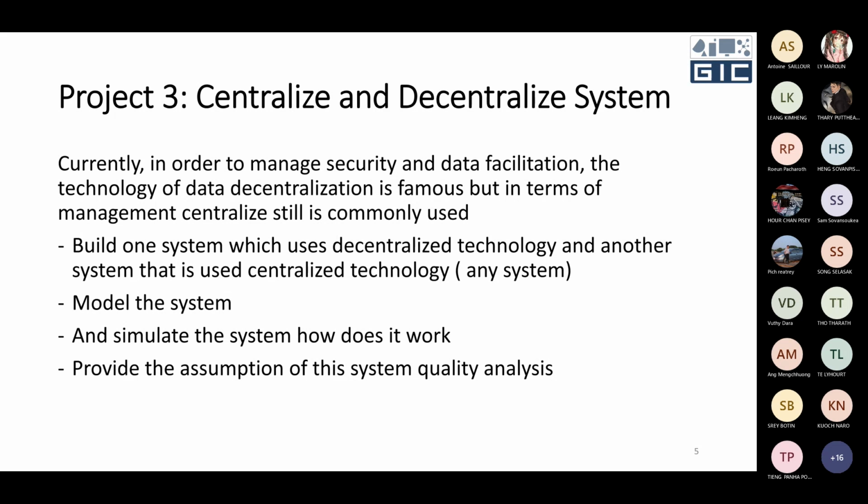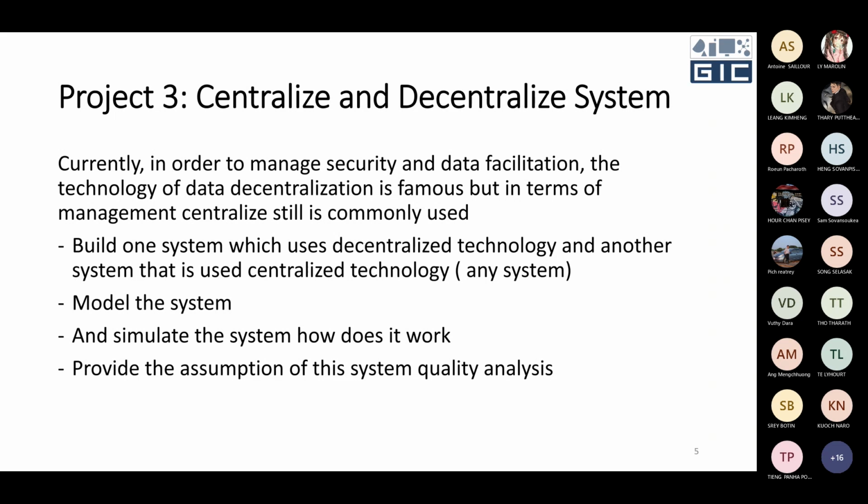What does it mean, RAID 0? RAID 1, RAID 2, RAID 3, and then RAID 5. Those kinds of things are examples of centralized or decentralized storage. For example, if I try to make a RAID 5, the way they store the information on the disk is decentralized. So how does RAID 5 work, for example.